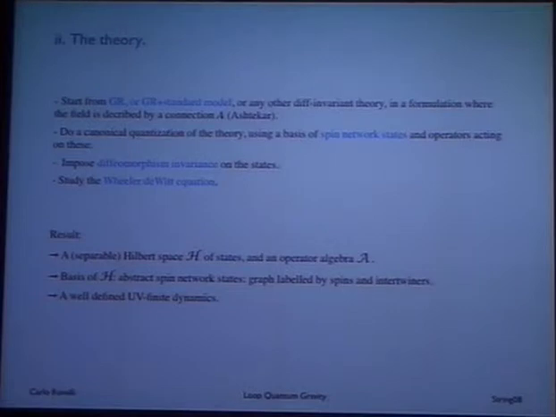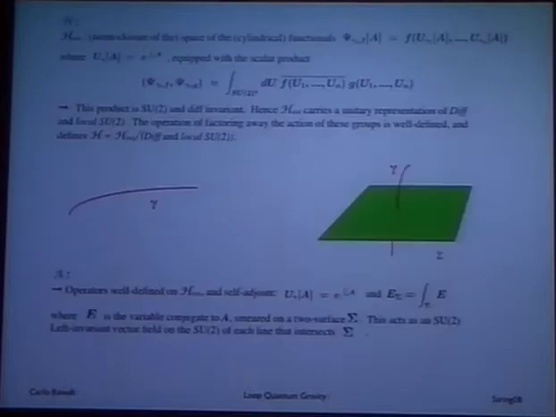You do a canonical quantization, go to a basis of spin network states, like the ones I just introduced, impose diffeomorphism invariance, and study the Wheeler-DeWitt equation. These constructions give a separable Hilbert space of states and an algebra of operators. In the Hilbert space of gauge invariant states, there is a basis given by these abstract graphs labeled by spins and intertwiners, and the dynamics turns out to be ultraviolet finite.